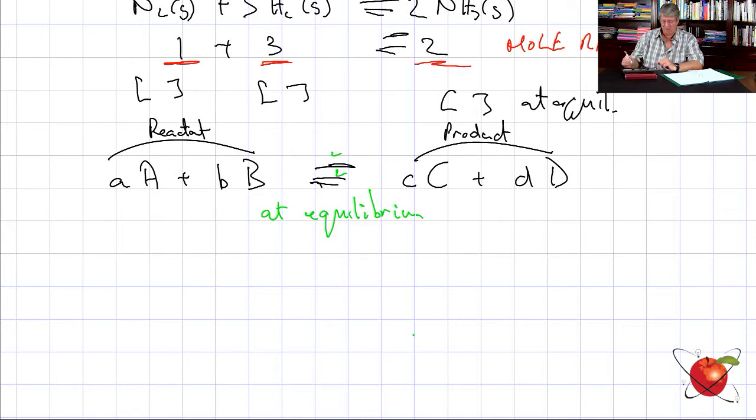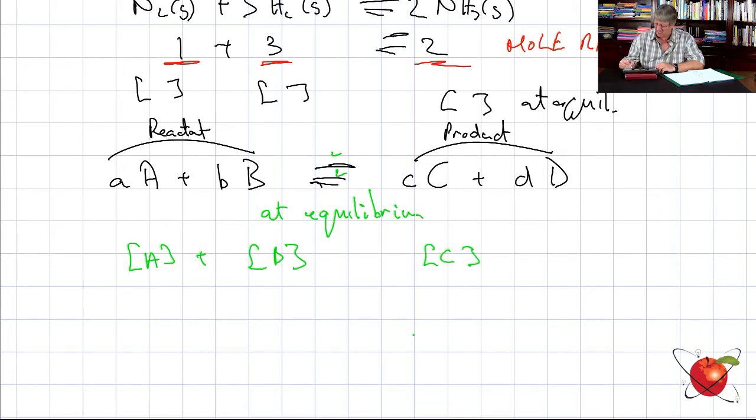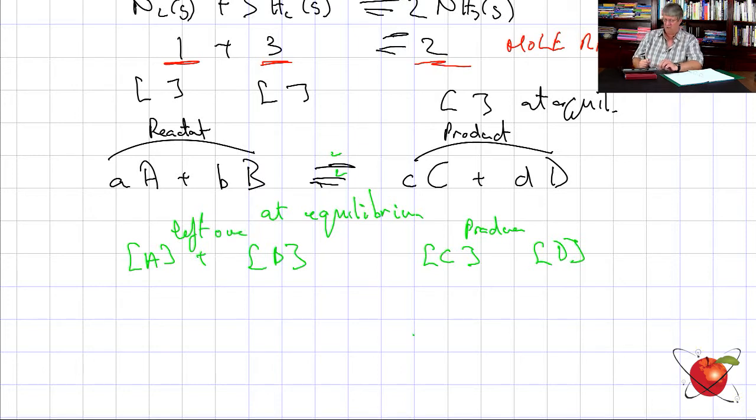At equilibrium, what am I saying? I'm saying I have got a concentration of A left, a concentration of B left, and I've got a concentration of C and a concentration of D. These were produced, these were left over concentrations, right?